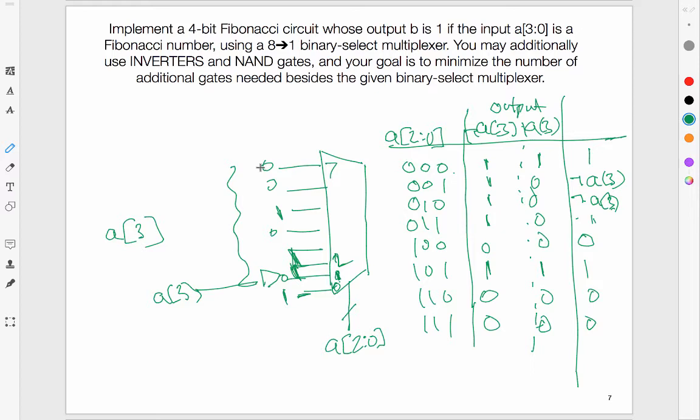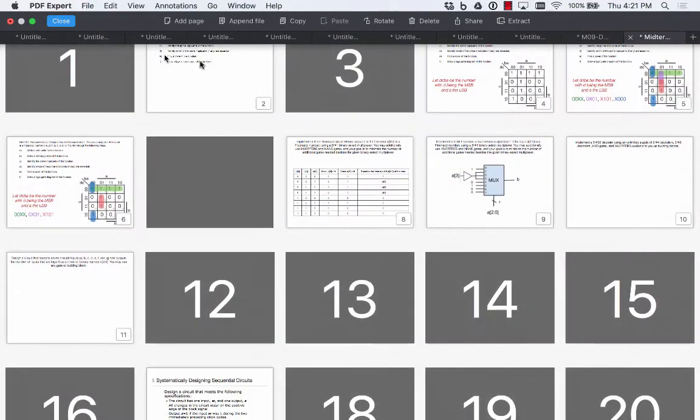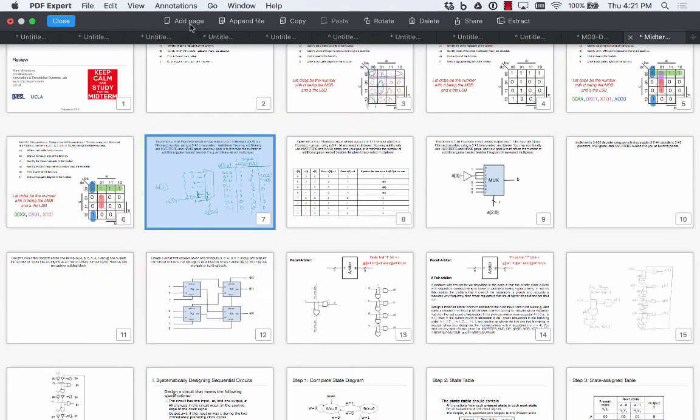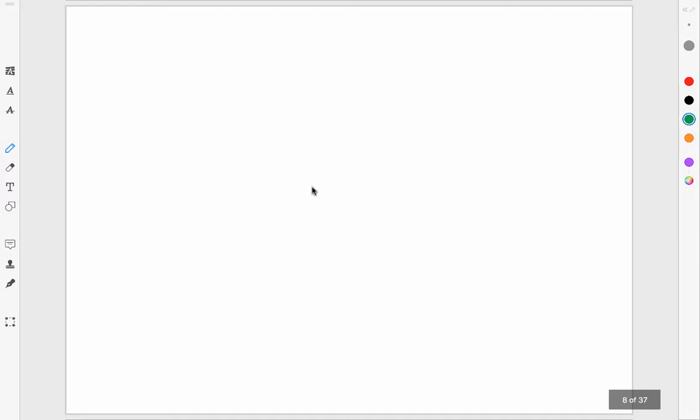How would you do that? Any thoughts? So, 8 to 1 mux from 2 to 1 muxes.